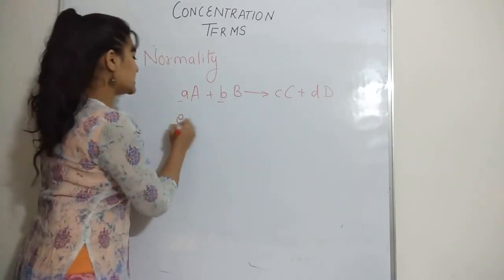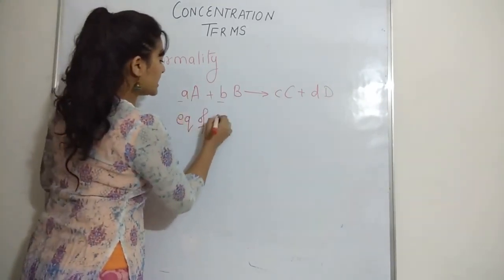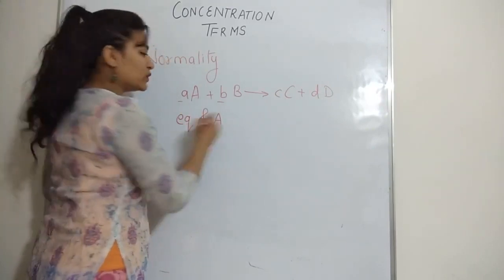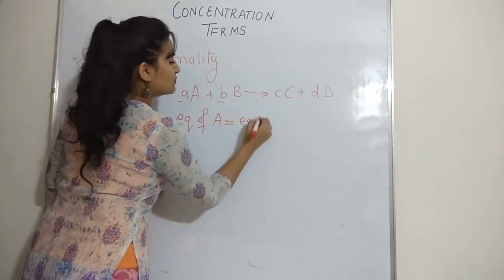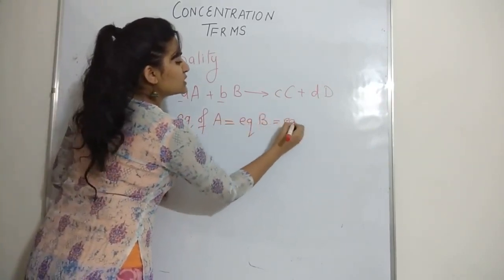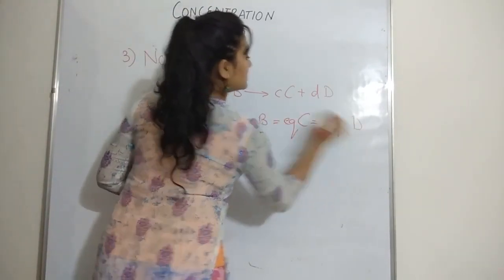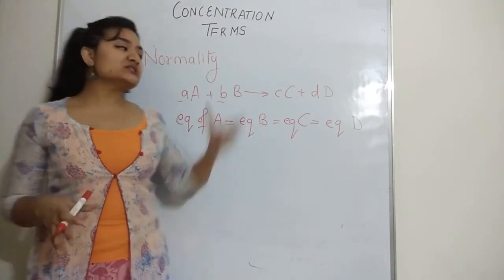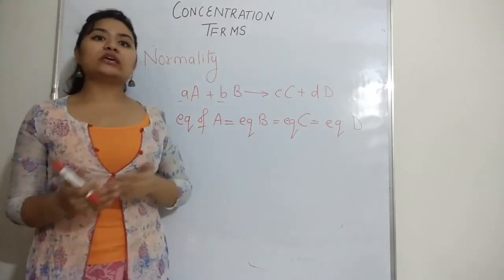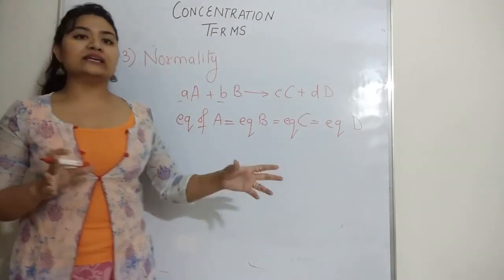So equivalent of A will be equal to equivalent of B. It will also be equal to equivalent of C, and also equal to equivalent of D. For most calculations, this is the easiest way because we can equate two entities easily.